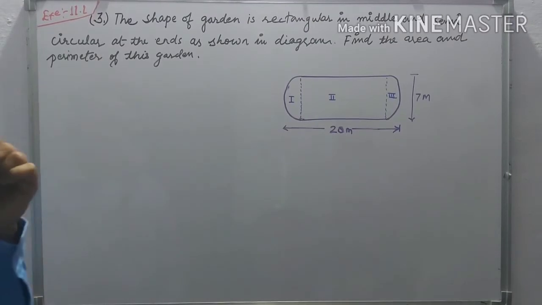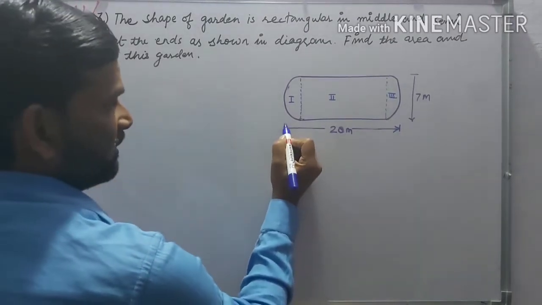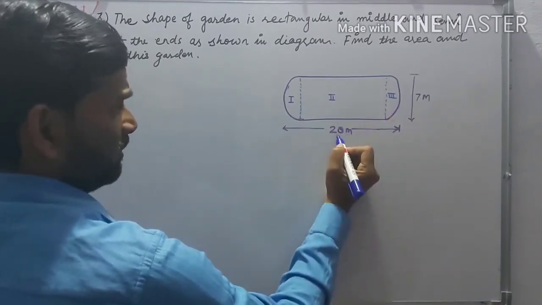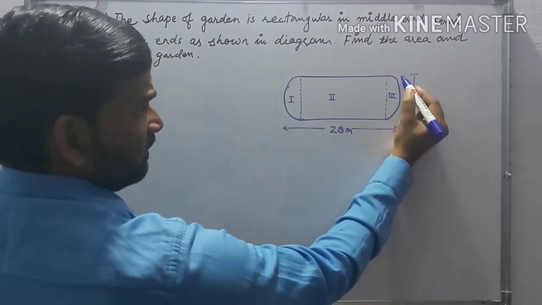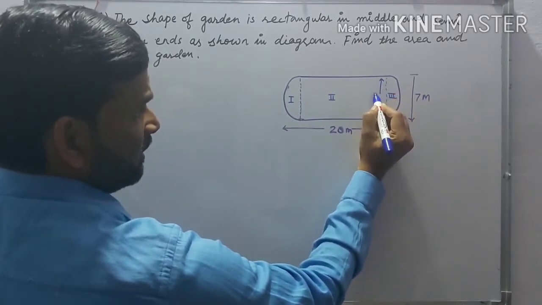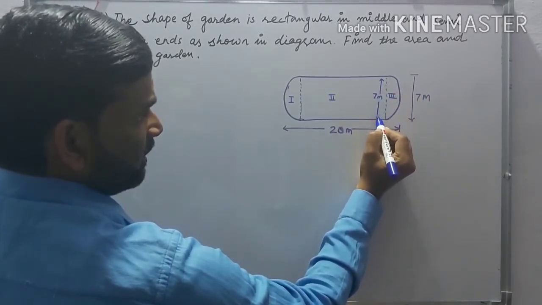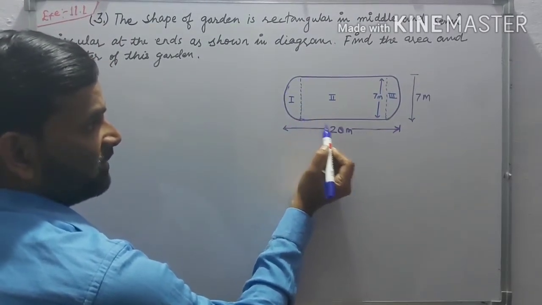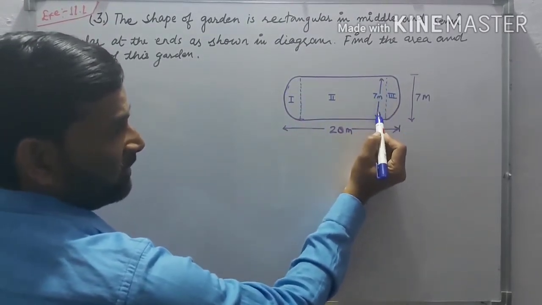So write first part, second part and third part. Okay, now the total distance from the first point to the end point is 20 meter, and the breadth of the rectangle is 7 meter. It means the distance is 7 meter. Okay, now this is the semicircle. Semicircle means this is the diameter of the semicircle.